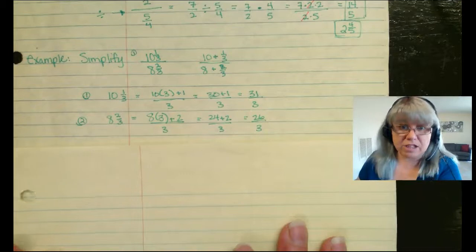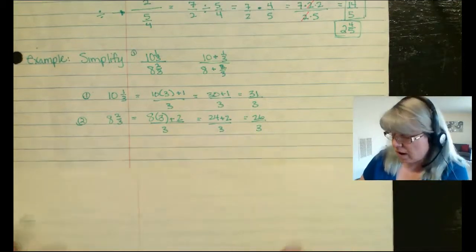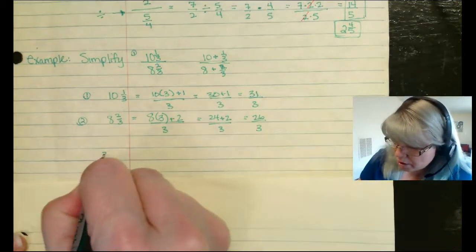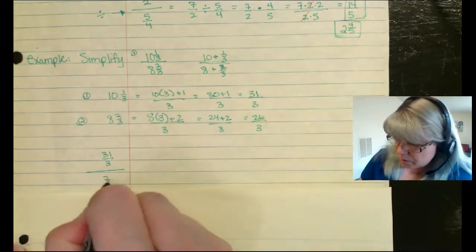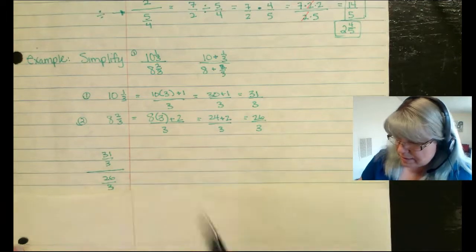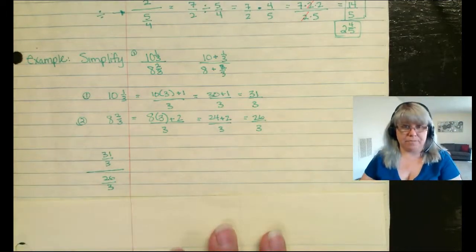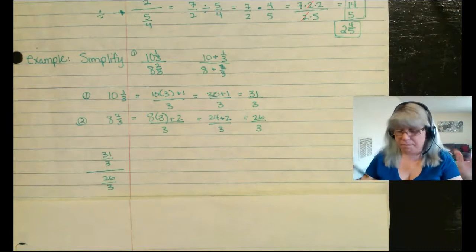Now that I have my two values, I can bring them together in the fraction. 31/3 all over 26/3.